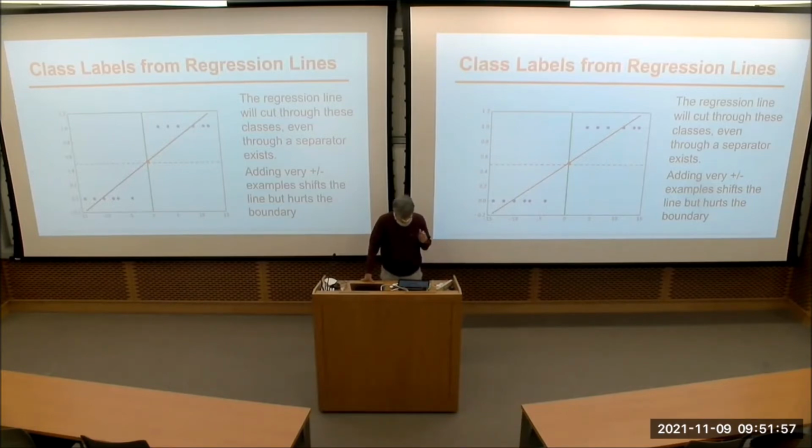Remember, what did linear regression do? If we have some y that is a function of x, and we set y to be the label, which in this case is going to be 0 or 1, you could imagine a world where the points that are positive all have y equal to 1.